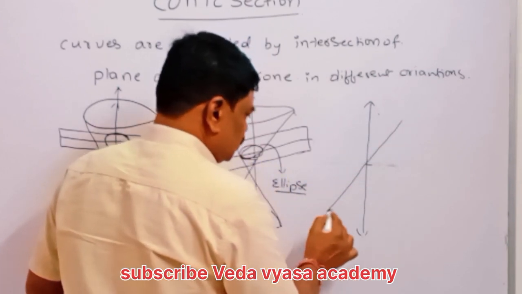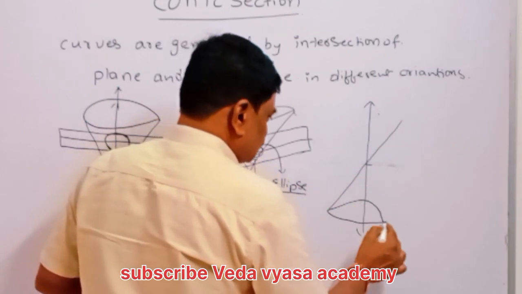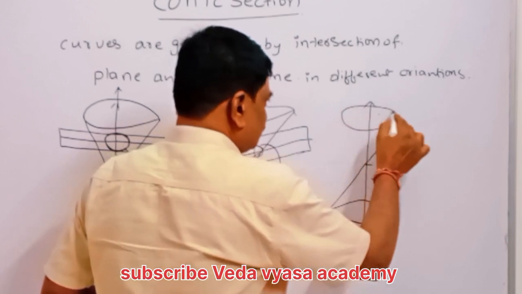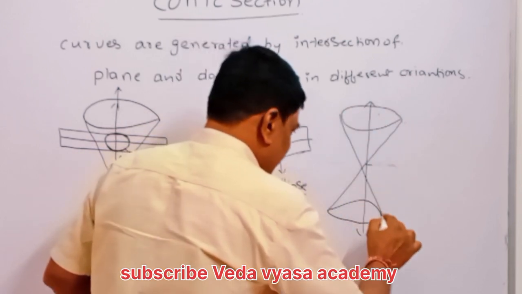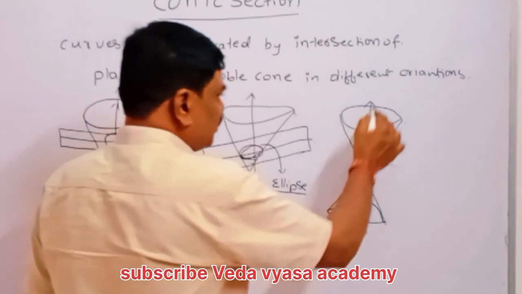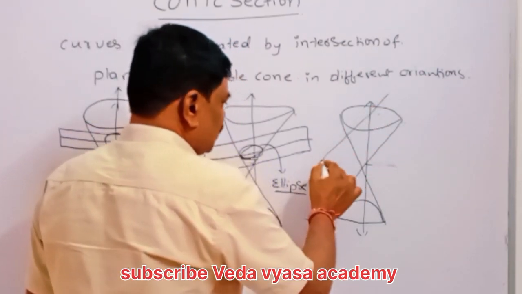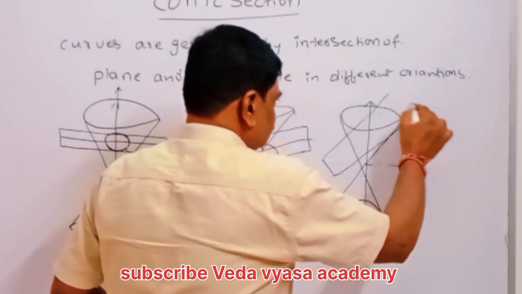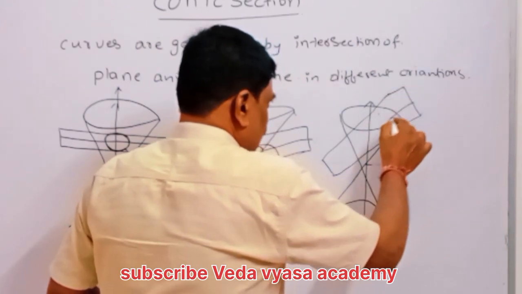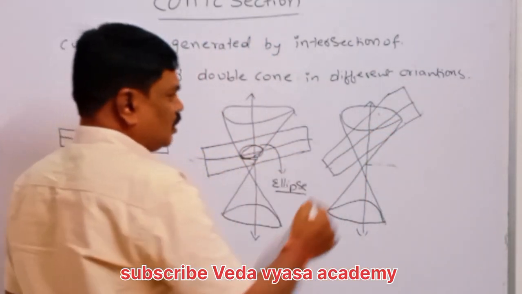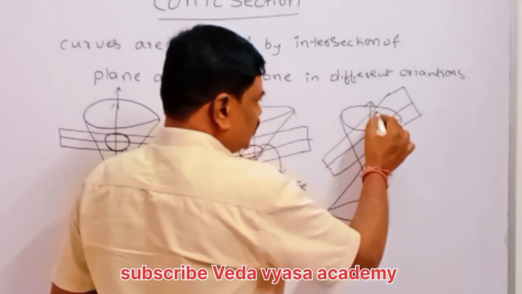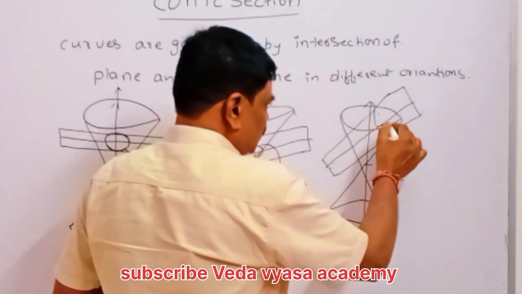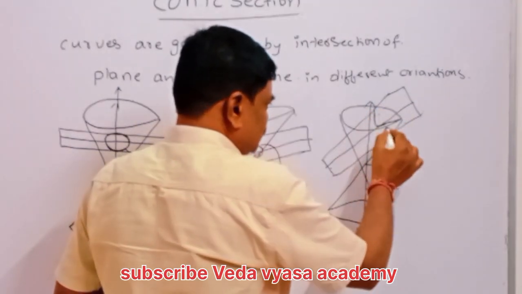Another one, you see, all of you. This is the generator line of the cone. Here one plane cuts the cone, and one curve is formed like this.